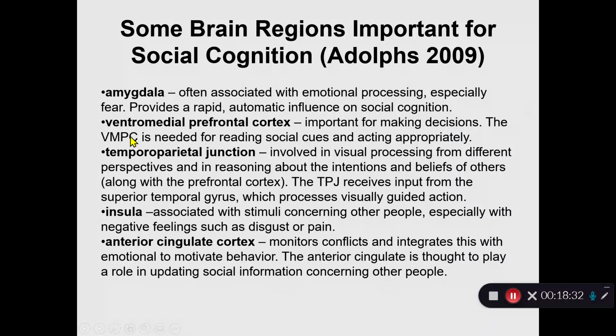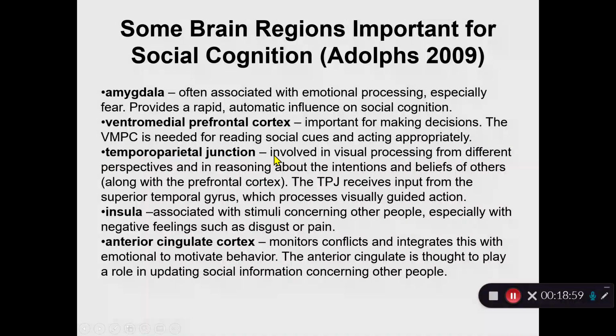The ventromedial prefrontal cortex is needed for reading social cues and acting appropriately. Acting according to your morals and values. It's being how you know you're supposed to be. When you're being how you're supposed to be, you're using your prefrontal cortex. If you have damage to your prefrontal cortex, it impairs your ability to act appropriately in social situations.